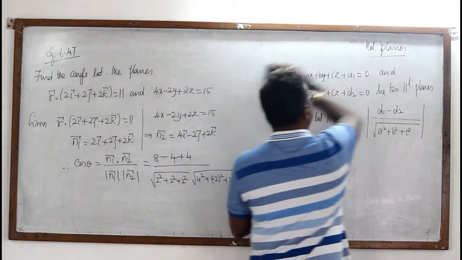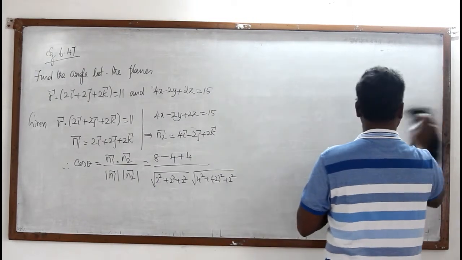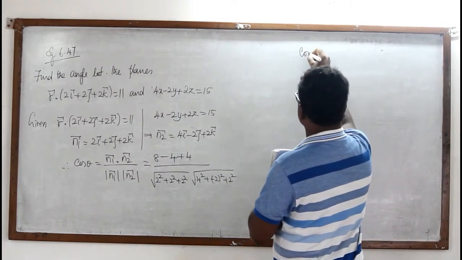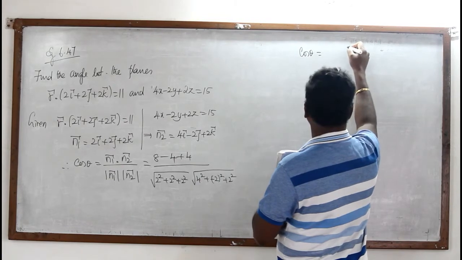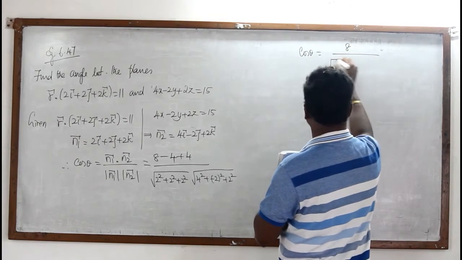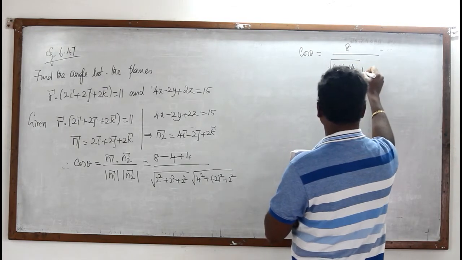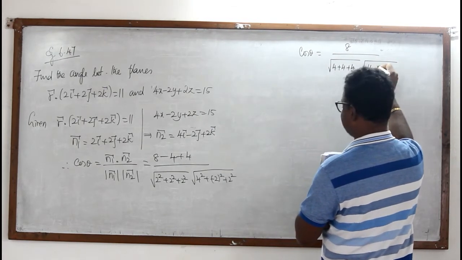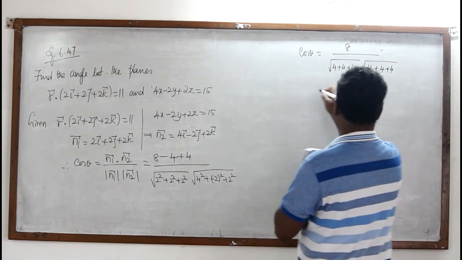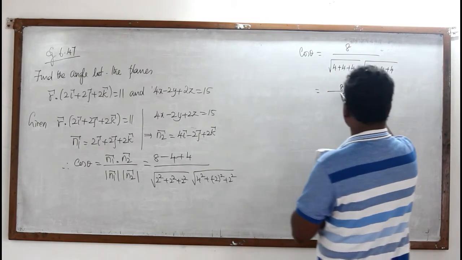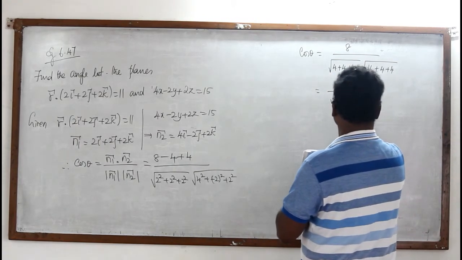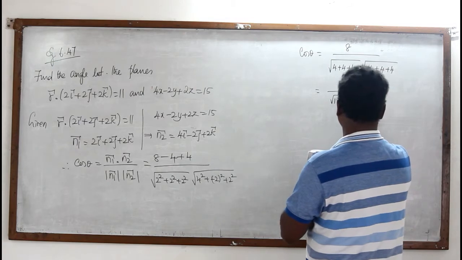Therefore cos theta equals 8 by root of 4 plus 4 plus 4, root of 16 plus 4 plus 4, that is 8 by root 12 into root 24.